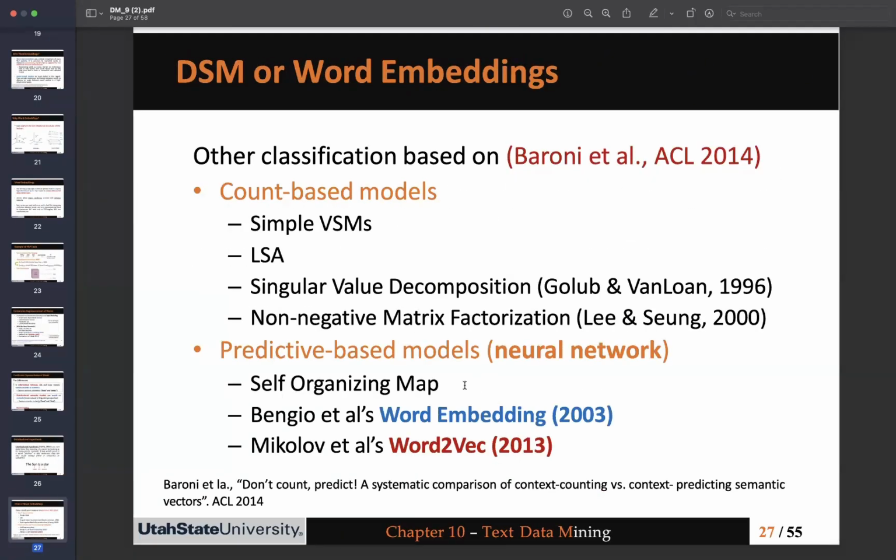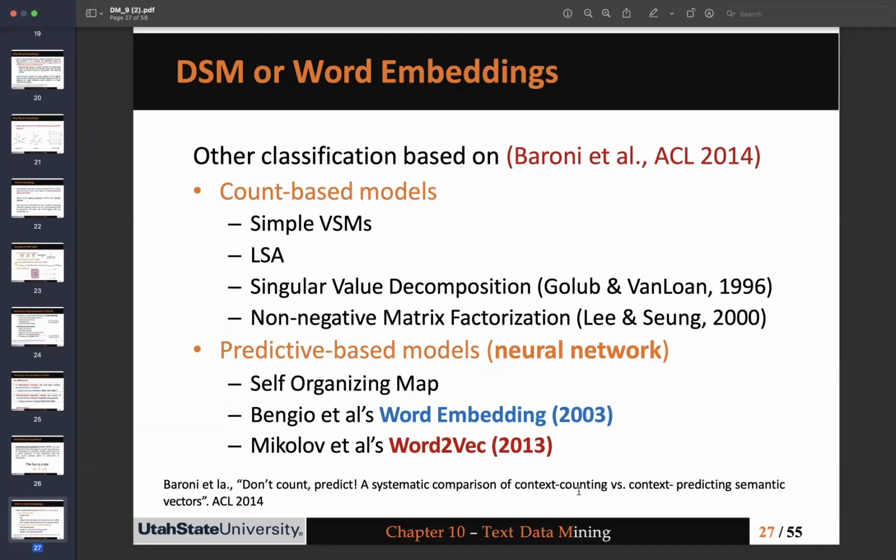Okay, so another classification, we already talked about those: count-based methods versus predictive-based methods. Count-based methods, which we're going to talk about later, are the VSM, vector space models, LSA, SVD or singular value decomposition methods, and non-negative matrix factorization. Predictive-based models are neural network based.